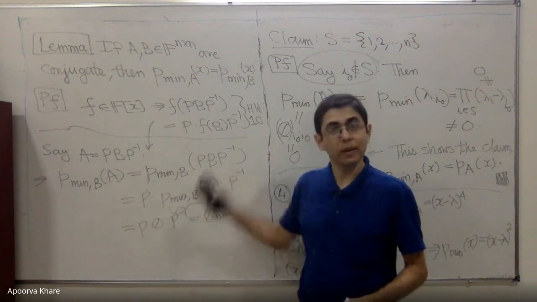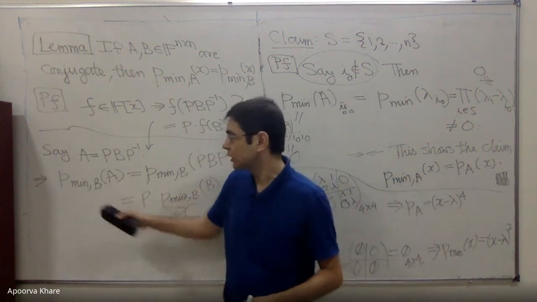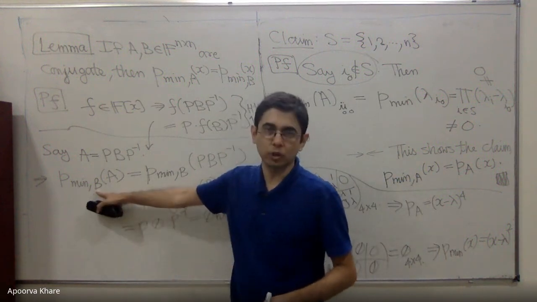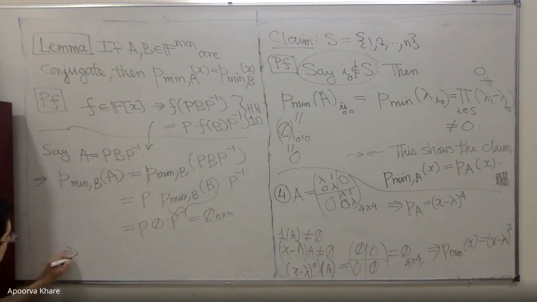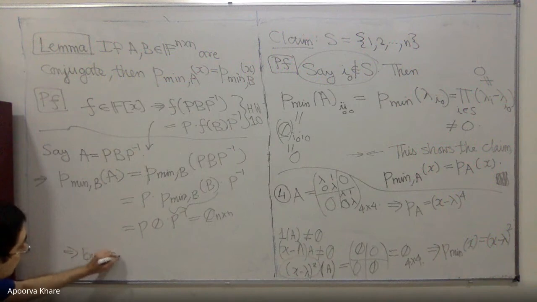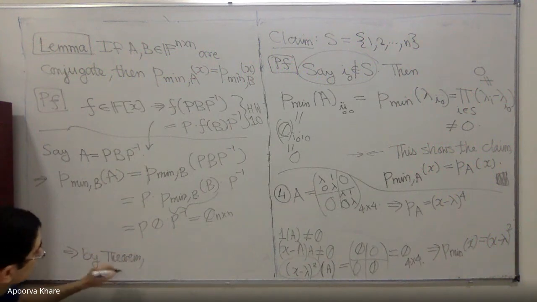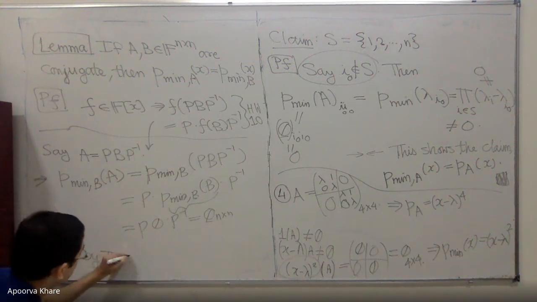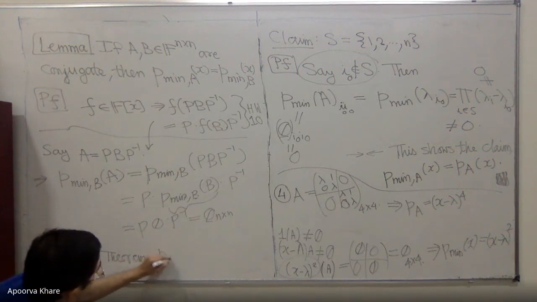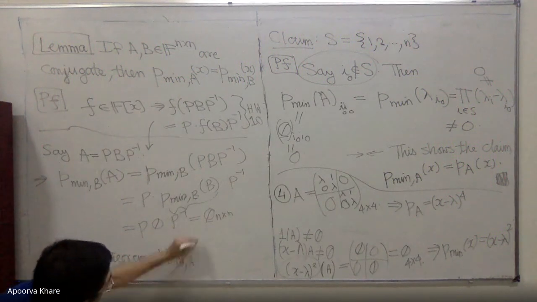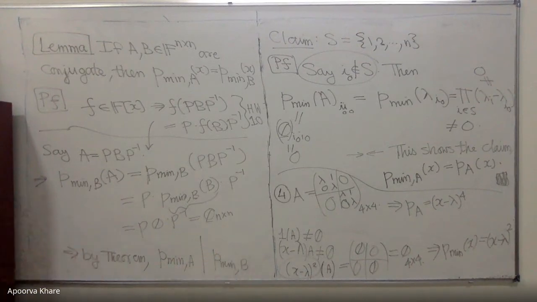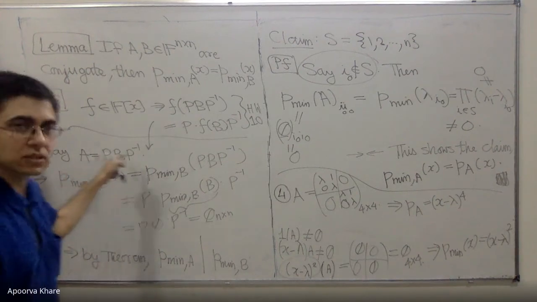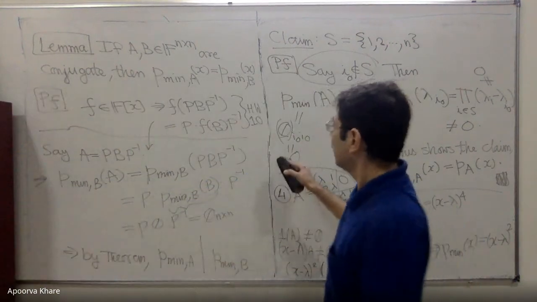So what does that tell you by the theorem? The theorem says that the minimum polynomial of A must divide this polynomial because it kills it. So by the theorem, P min comma A divides P min comma B. But now A is a conjugate of B, therefore you can exchange the arguments.